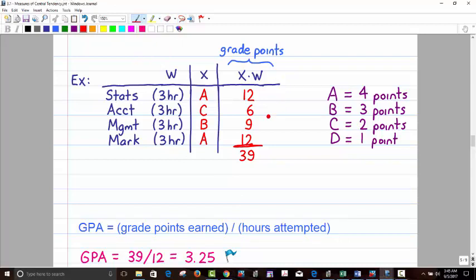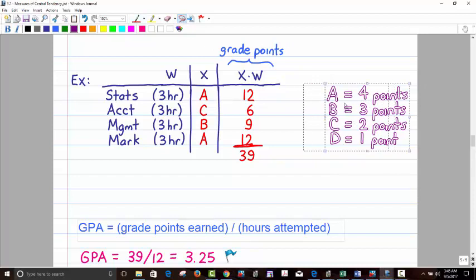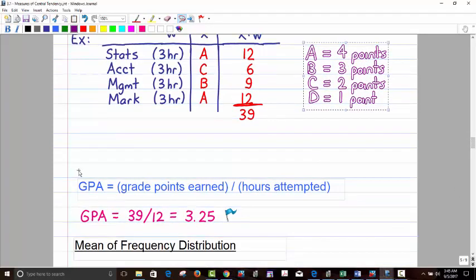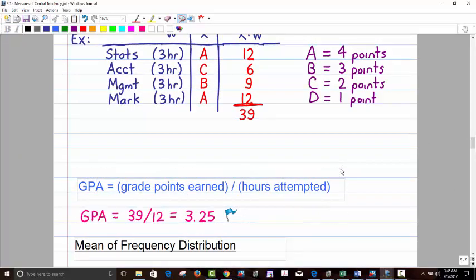You divide the total number of grade points, which would be the hours taken times the point value for the course. So like a 3-hour A would relate to 12 grade points. Then you divide it by the sum of the weights, which is the hours taken. So it's grade points over hours taken.